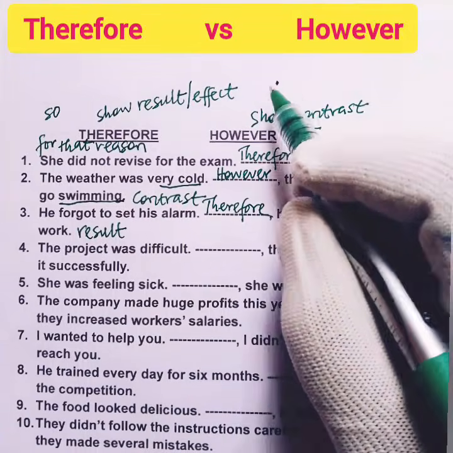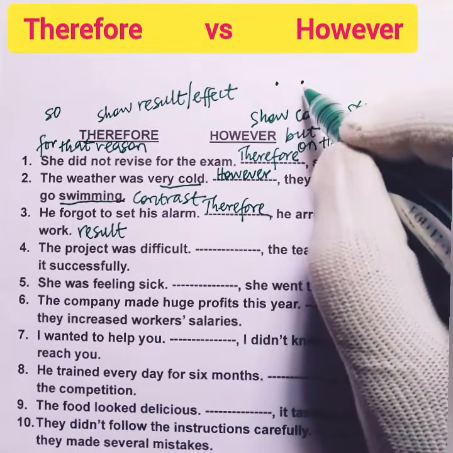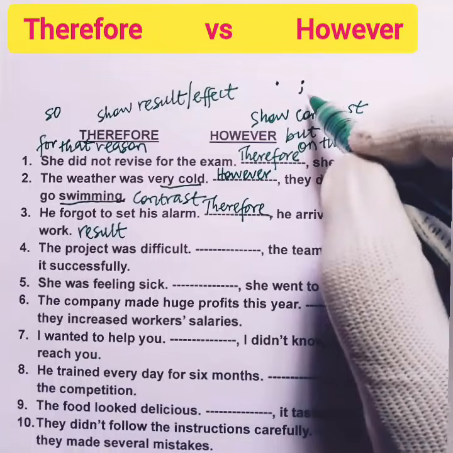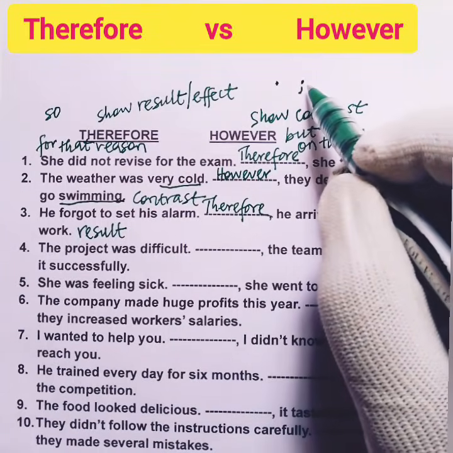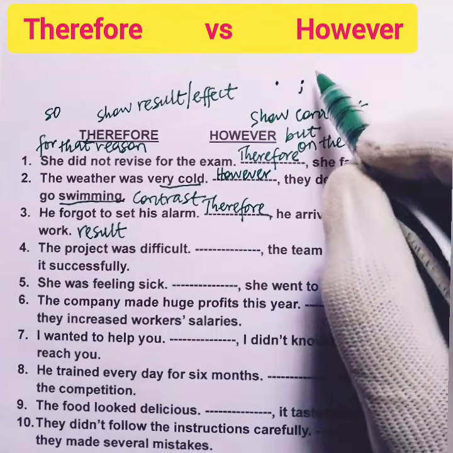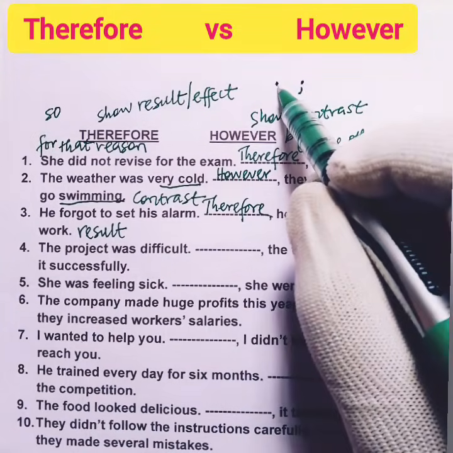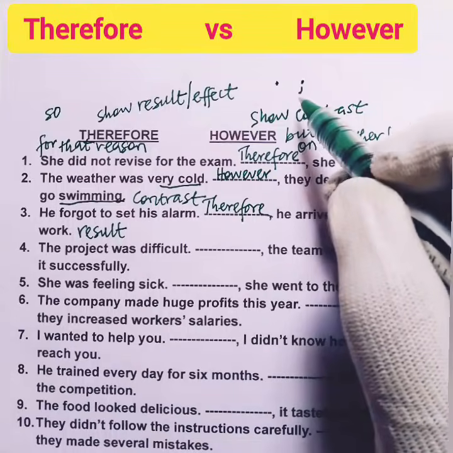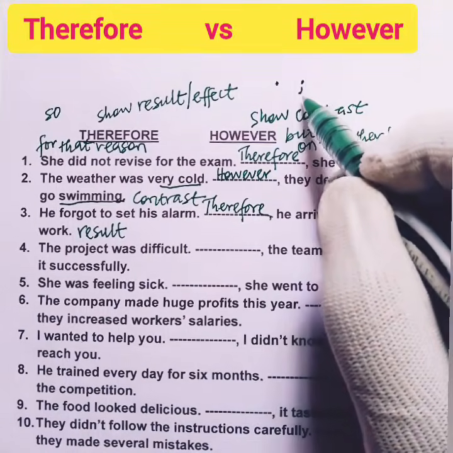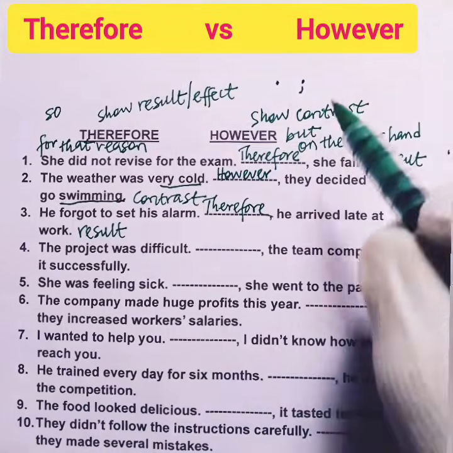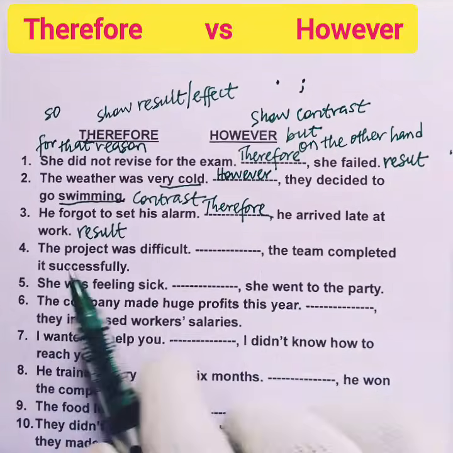But if you decide to put a semicolon after the first sentence, you must begin therefore or however with small letter. Okay? So after full stop, begin with capital letter. After semicolon, begin with small letter. I hope you understand.